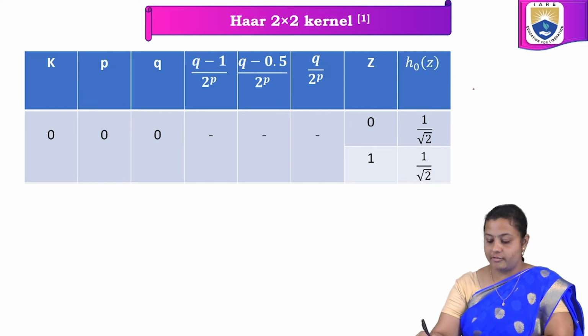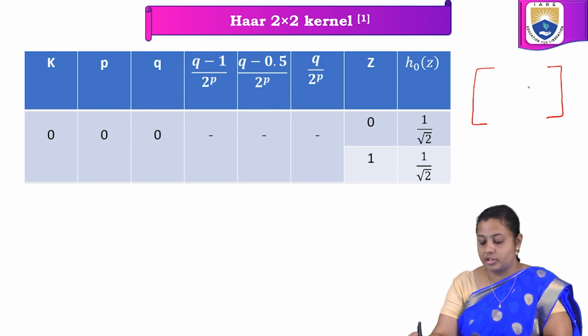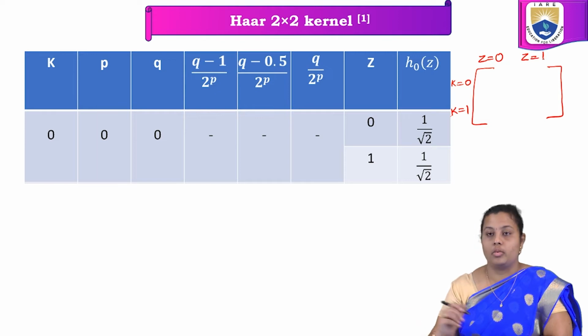So if I write it in the form of a matrix, which is the Haar transform, I can represent my first row as k equal to 0, my second row as k equal to 1. Right? Now my first column I can represent as z equal to 0 and the second column as z equal to 1. Right? So that is why the k values and z values will represent the size of our kernel.